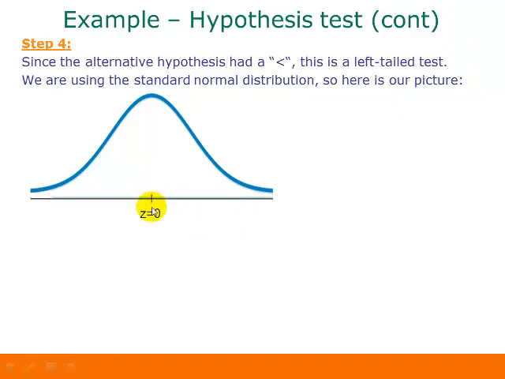So we've got z equals 0 in the middle of our distribution, and here's where our test statistic was, negative 1.91. And since we're doing a left-tailed test, we're shading to the left of our test statistic. Our p-value is the area of the shaded part here.